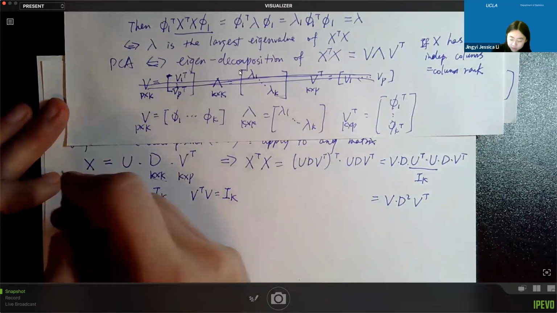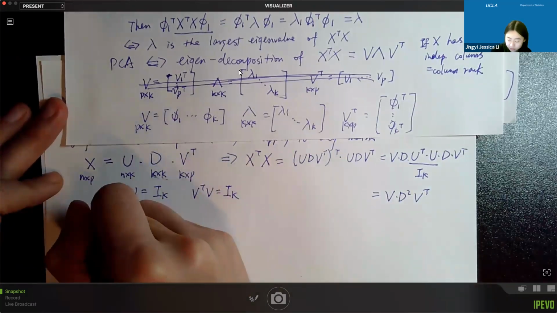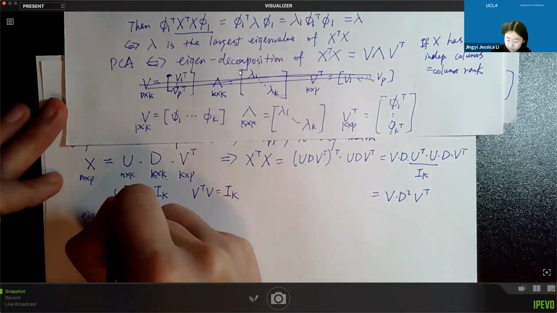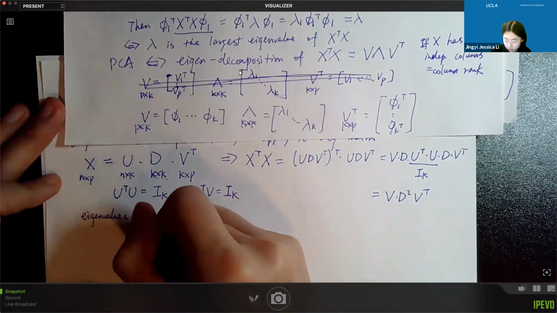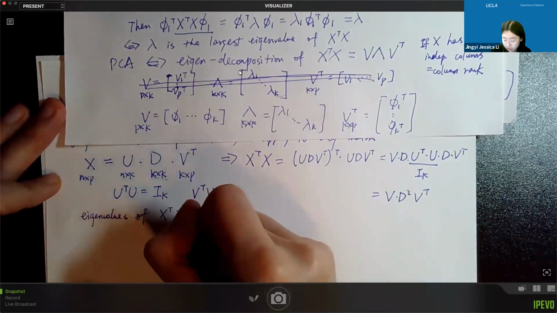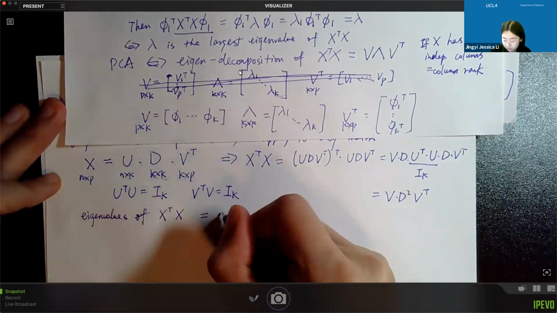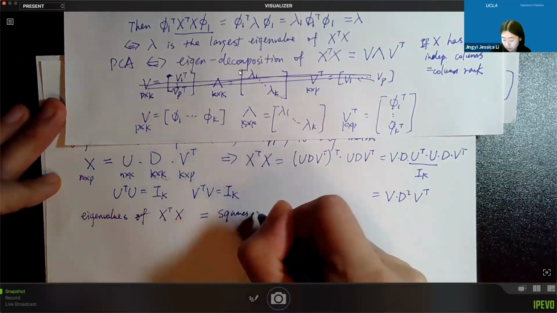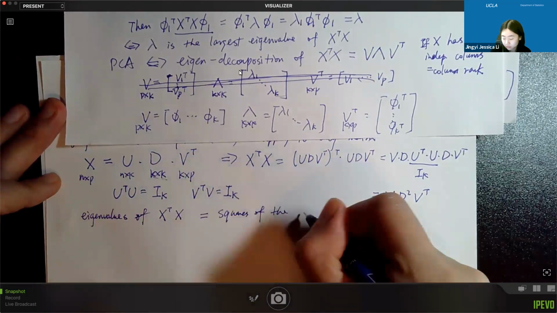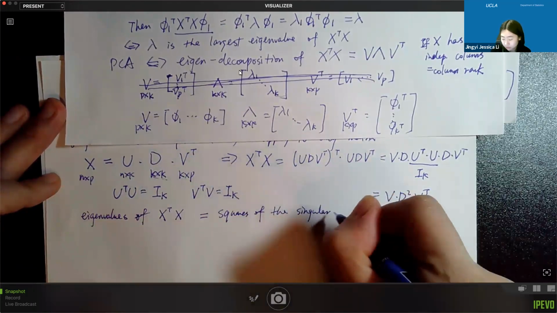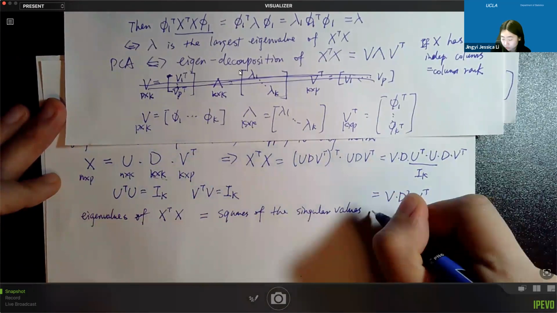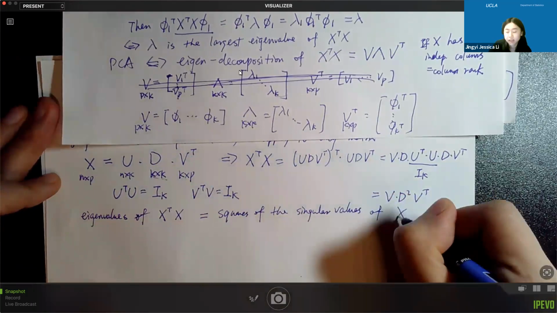Let me put it this way: the eigenvalues of X transpose X are equal to the squares of the singular values of X.